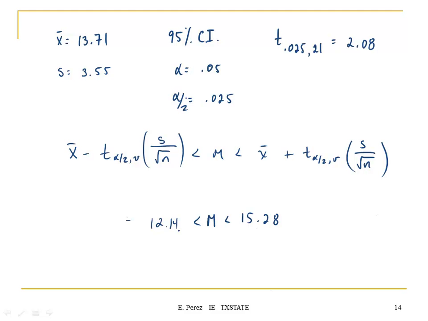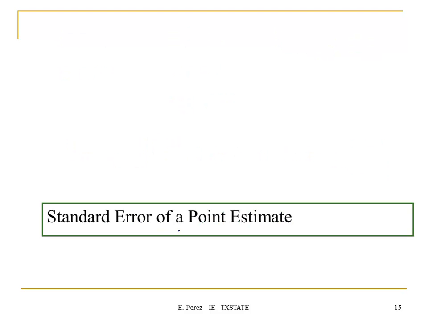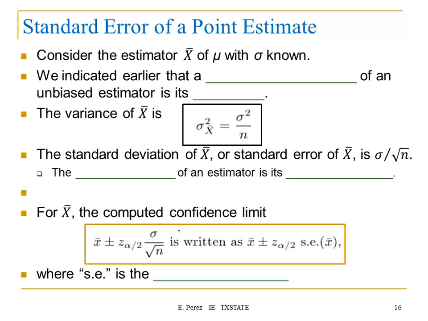Okay, so we still have some time, so I'll cover the next topic, which is basically defining something that we already know. This is called the standard error of a point estimate. Essentially, consider the estimator of the population mean, which you know is the sample mean, with the population standard deviation known. We indicated earlier that the measure of the quality of an unbiased estimator is the variance of the estimator.